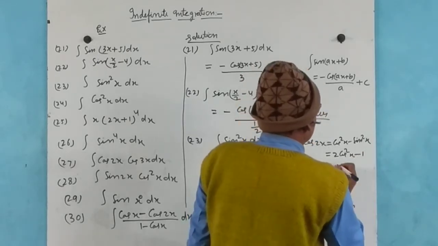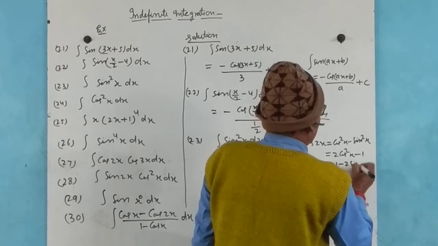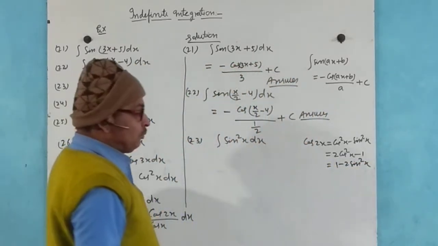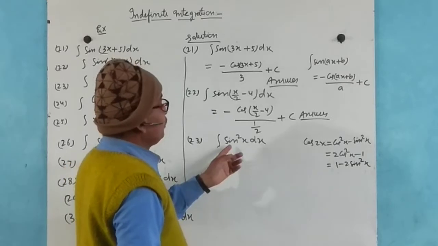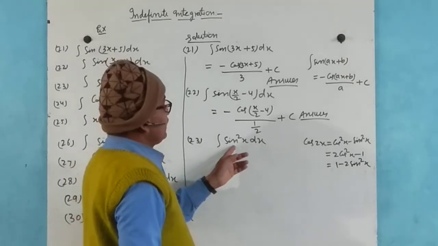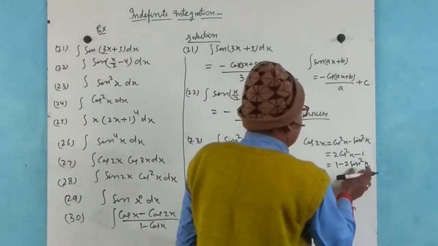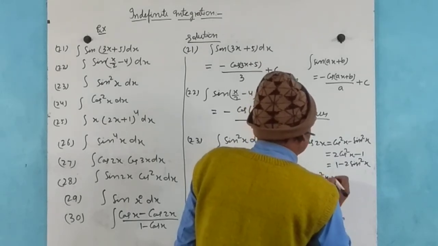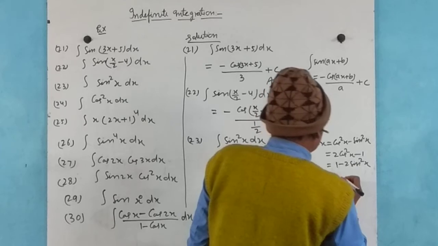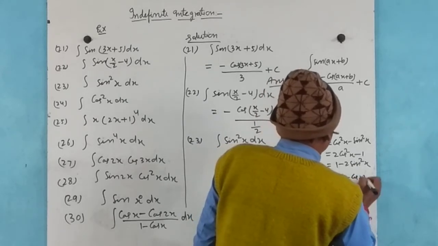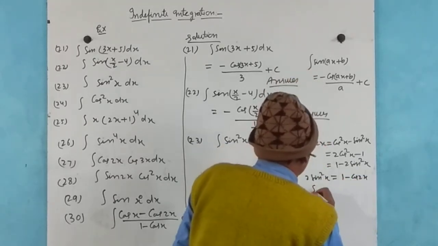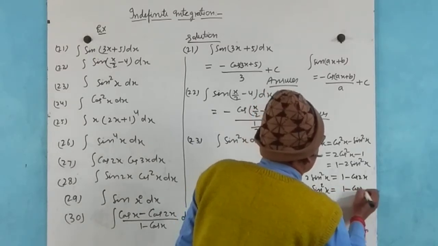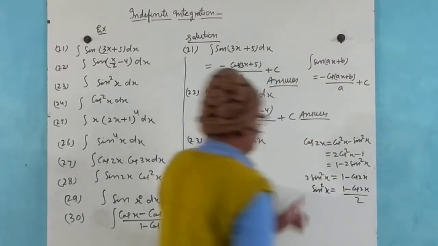This is also equal to 1 minus 2 sin square x. Now in this case, 2 sin square x equals 1 minus cos 2x, so sin square x equals (1 minus cos 2x) by 2.